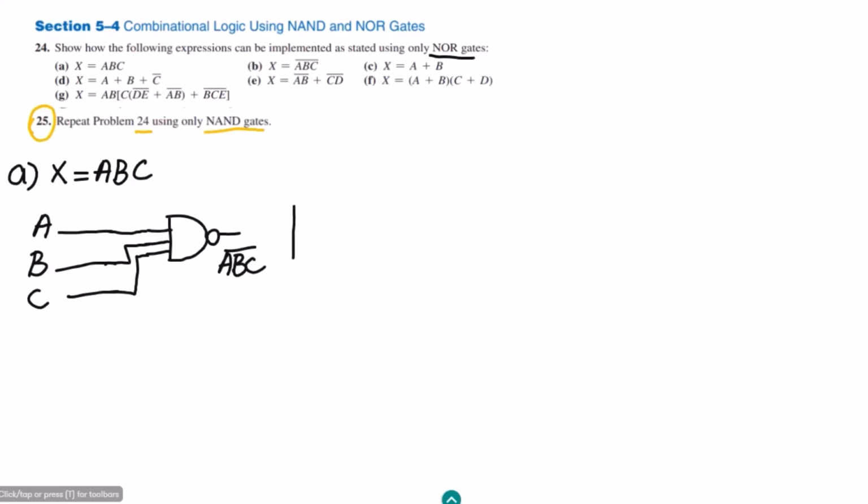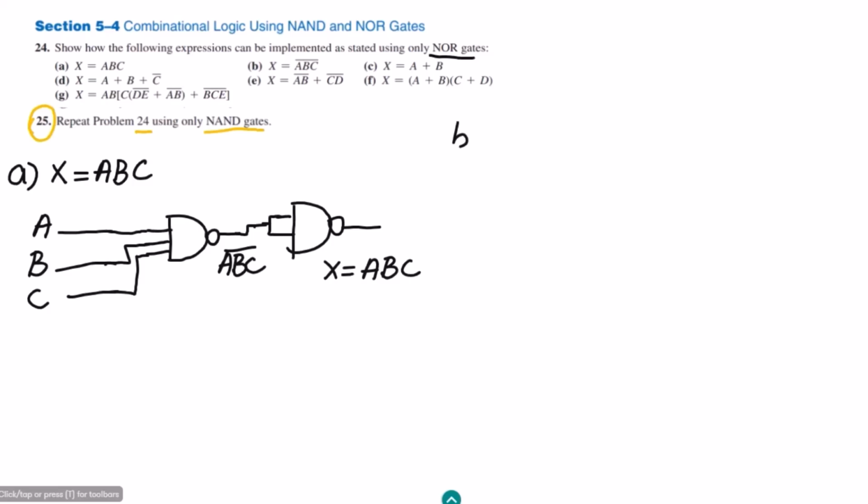So this is the NAND gate with the 2 inputs combined together, the NAND inverter, connected here, and at the output we get x equal to ABC. This is a simple AND gate implemented by using NAND gates.